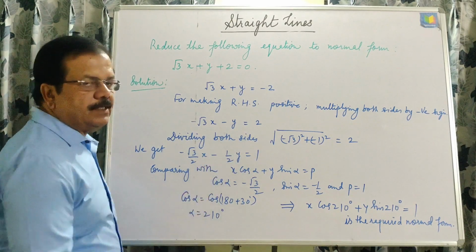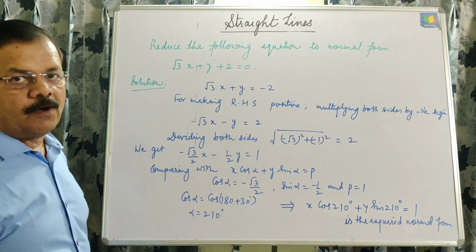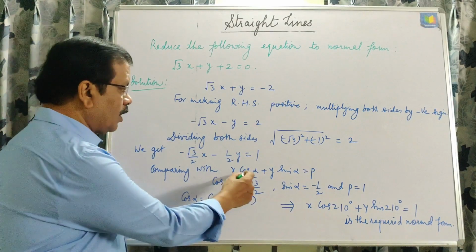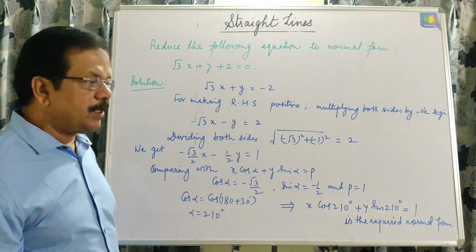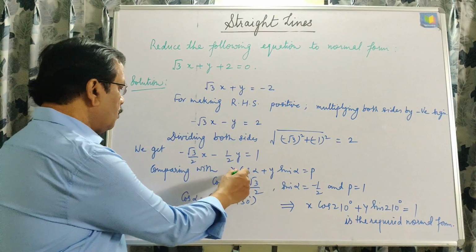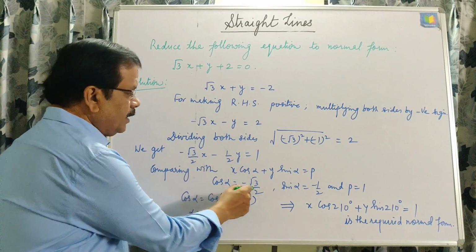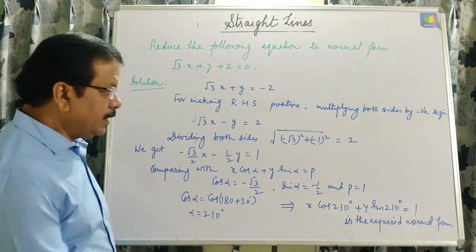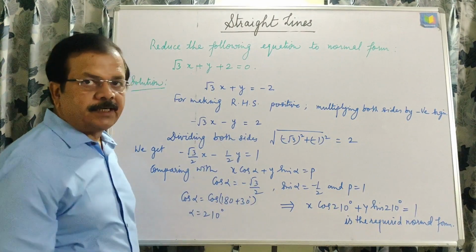Now comparing with the general equation of normal form, that is x cos alpha plus y sin alpha is equal to p, we are getting cos alpha is equal to minus root 3 by 2, that is minus cos 30 degree.